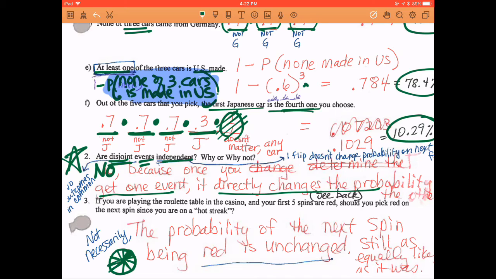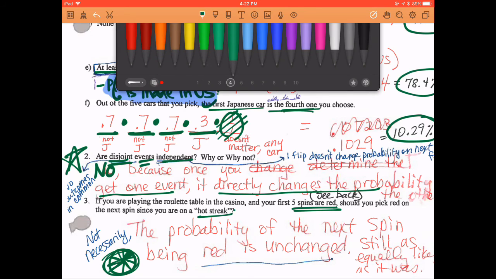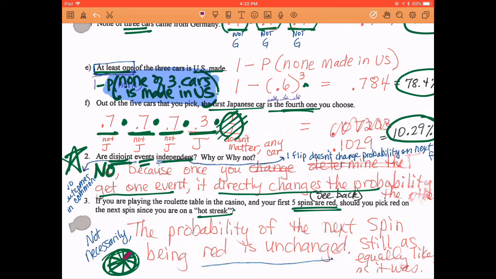Well, usually about half of those are red sections and half of those are black sections. So the probability that you're going to get red is about half, and I think that's not exactly right because I think there's one green one in there somewhere. But anyway, you spin it 5 times, and every single one of those times you get a red. Your ball lands in that red section of that roulette wheel.